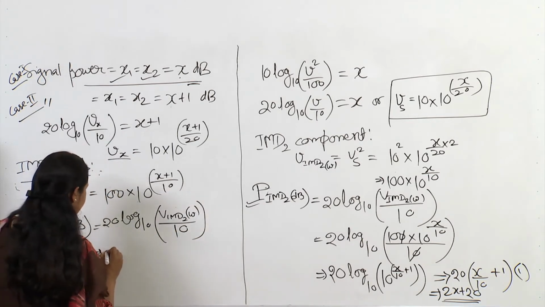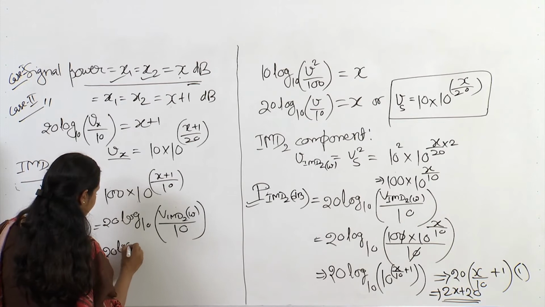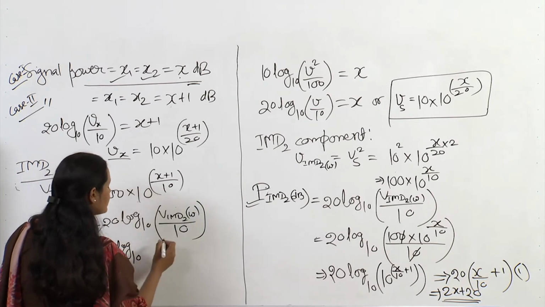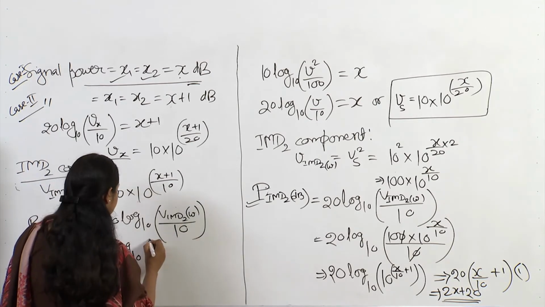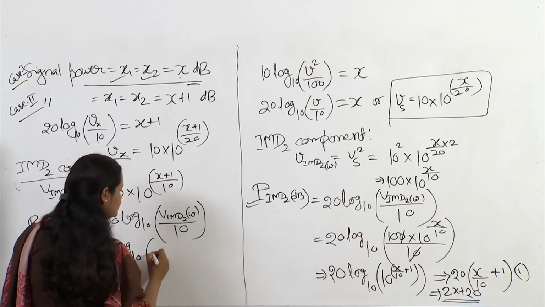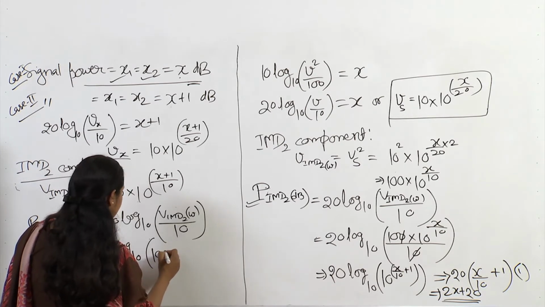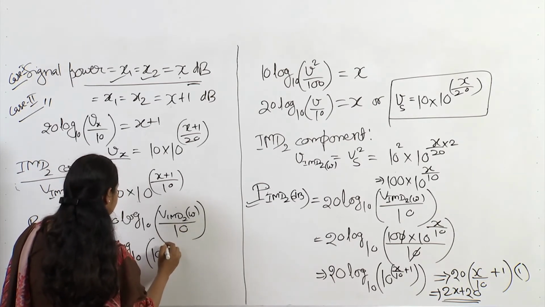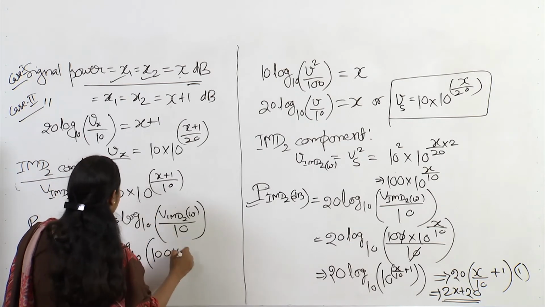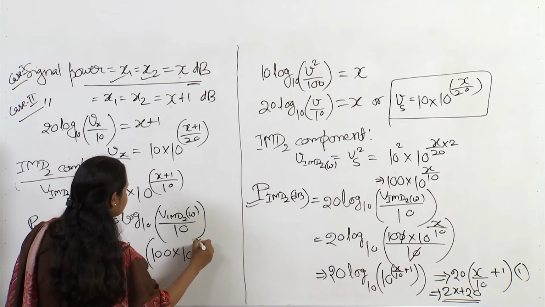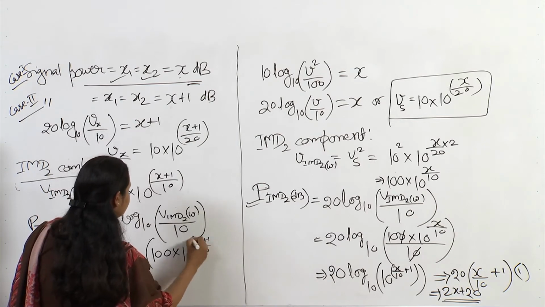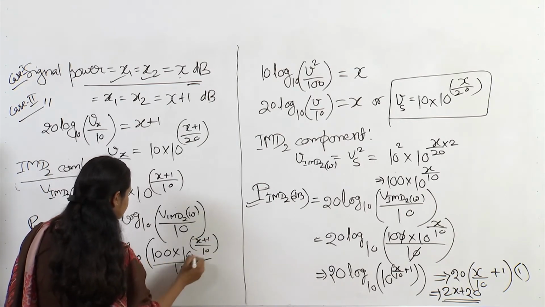So, it becomes 20 log 10 of 100 into 10 to the power x plus 1 upon 10, divided by 10.